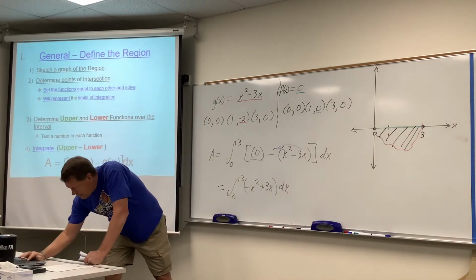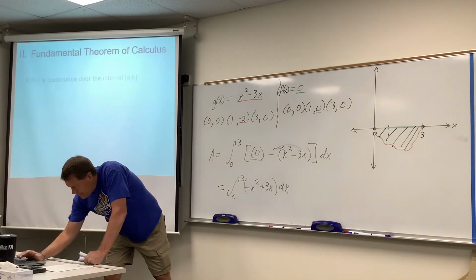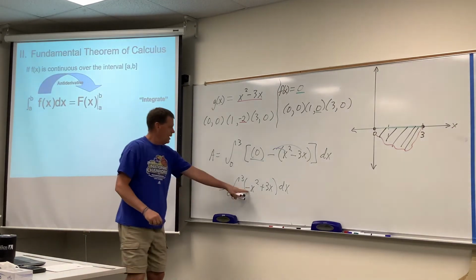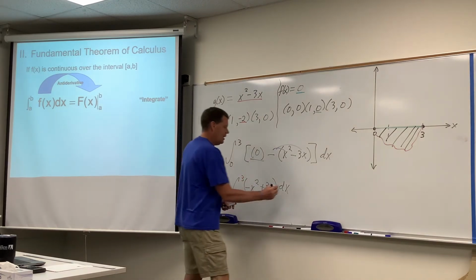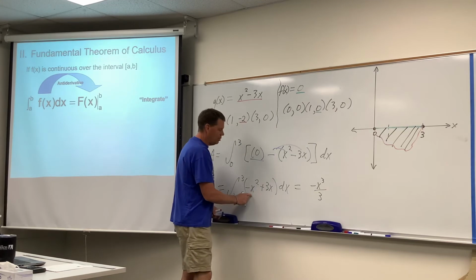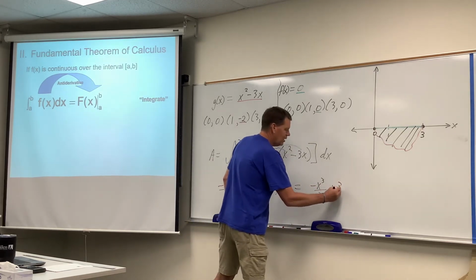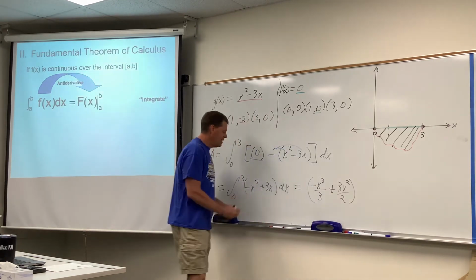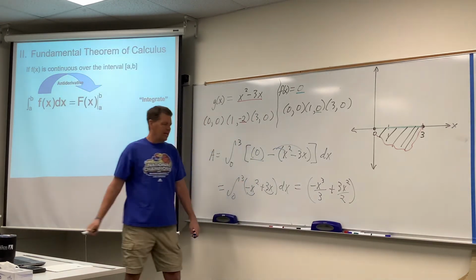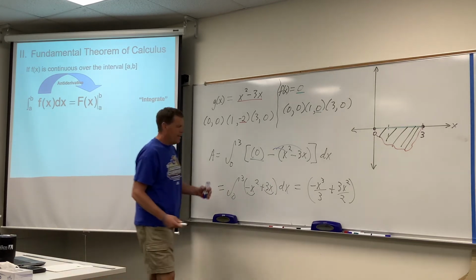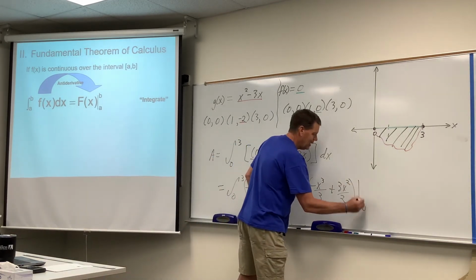So the integrate part of that would be to find the antiderivative of that function with respect to x. And this would be negative x cubed over 3, n plus 1, plus 3x squared over 2. We have to take for granted that finding the antiderivatives, the integrals of terms, is old stuff. And then this is from 0 to 3.